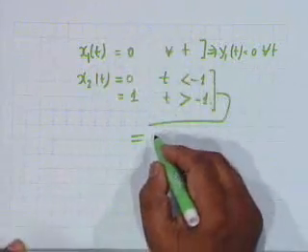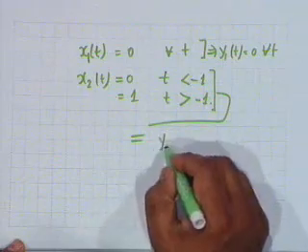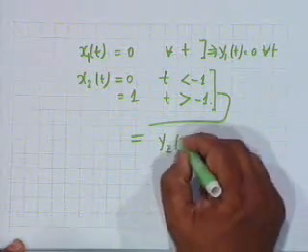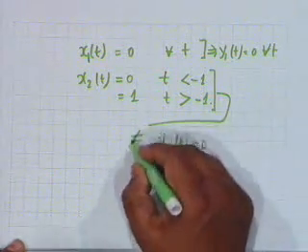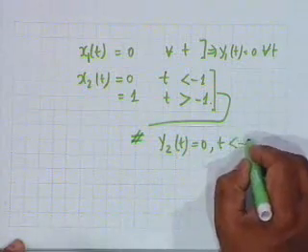Suppose we had imposed the condition that y2 of t is equal to 0 for t less than minus 1.